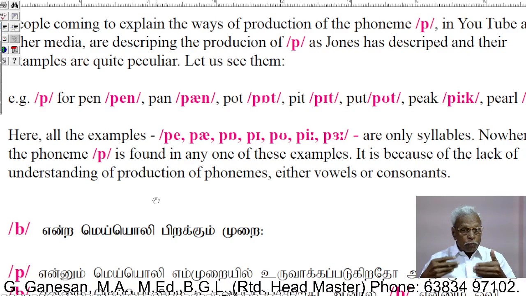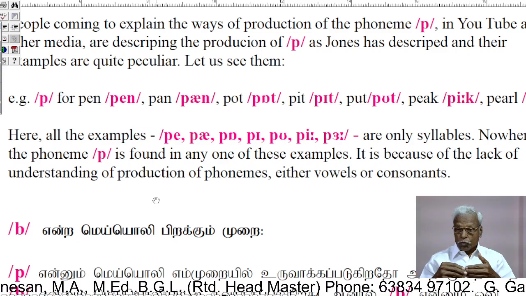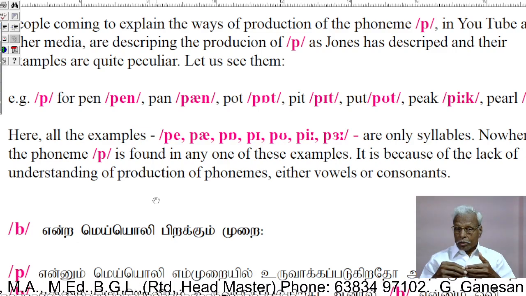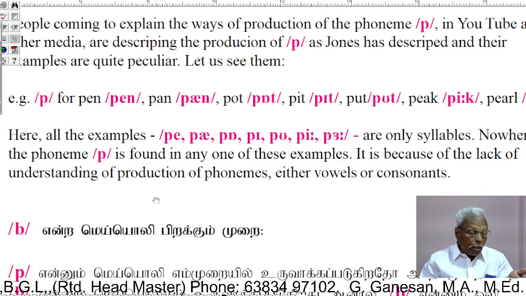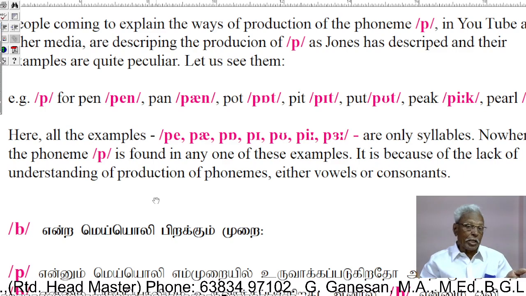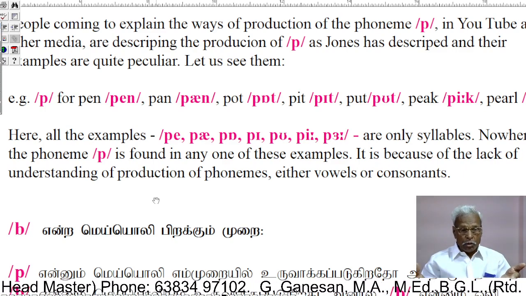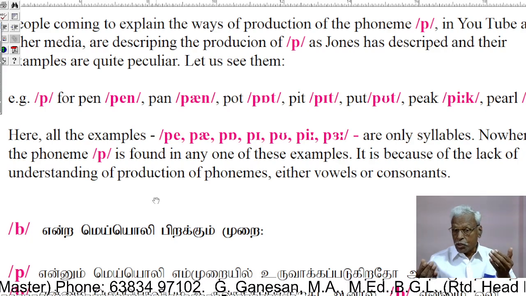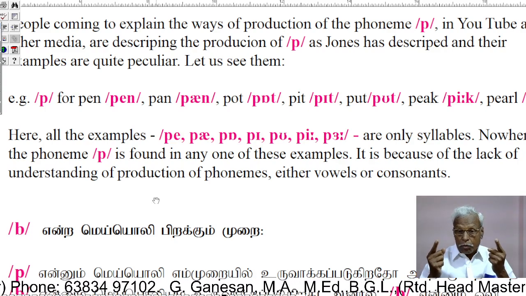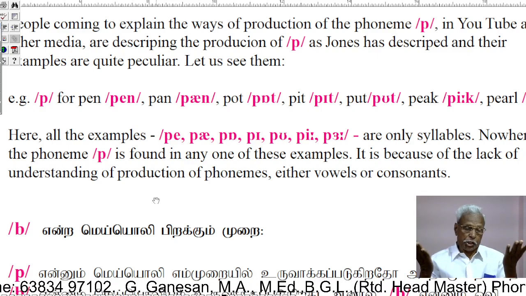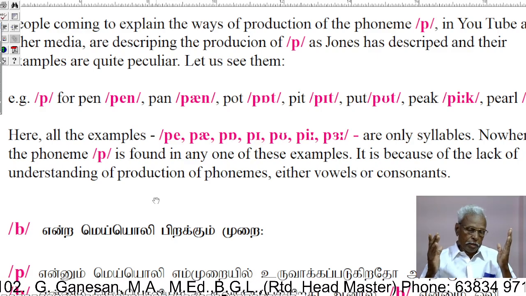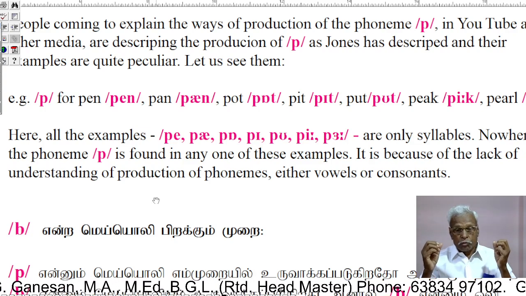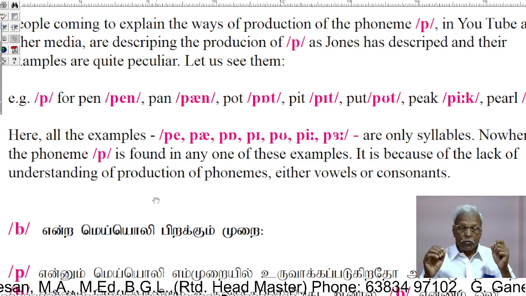Other people are following the rules laid down by Daniel Jones in the production of /p/. So as far as I am concerned, it needs due clarification and modification. It is my kind appeal to the association of IPA.